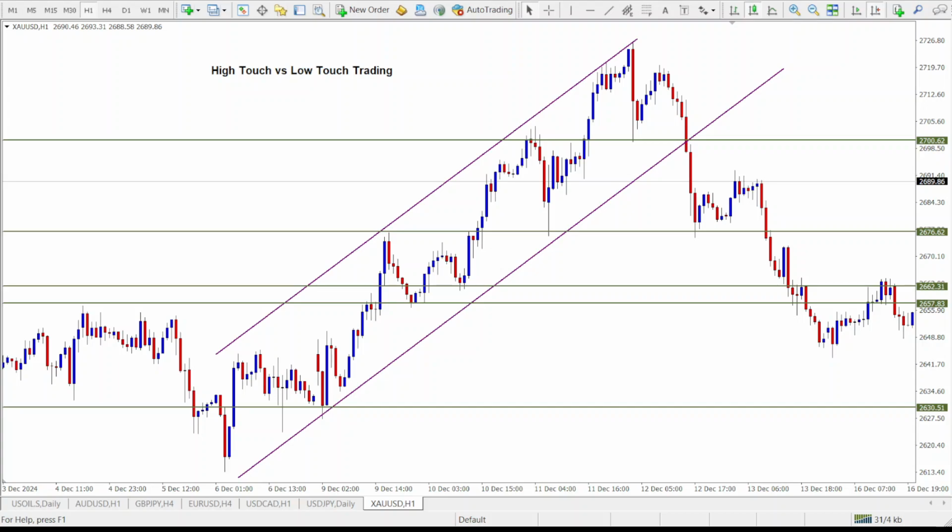The first benefit of high touch trading is control. All right.